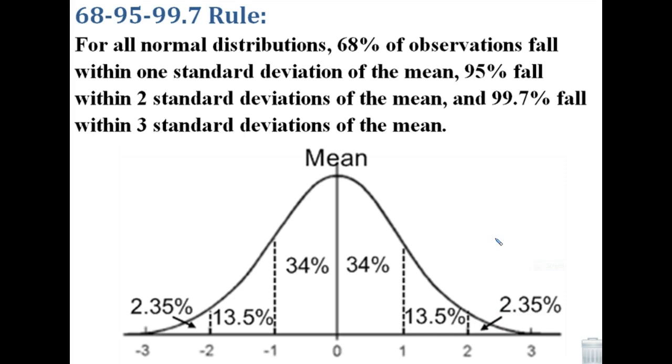Average heights, average weights, anything that's normally distributed is going to follow this pattern. Now, typically students don't memorize the 68, 95, 99.7 numbers. What they'll do is remember the 34s, the 13.5s, and the 2.35s. Those are numbers you'll need to memorize for test time and apply to different questions. We'll show you how to do that in a second.